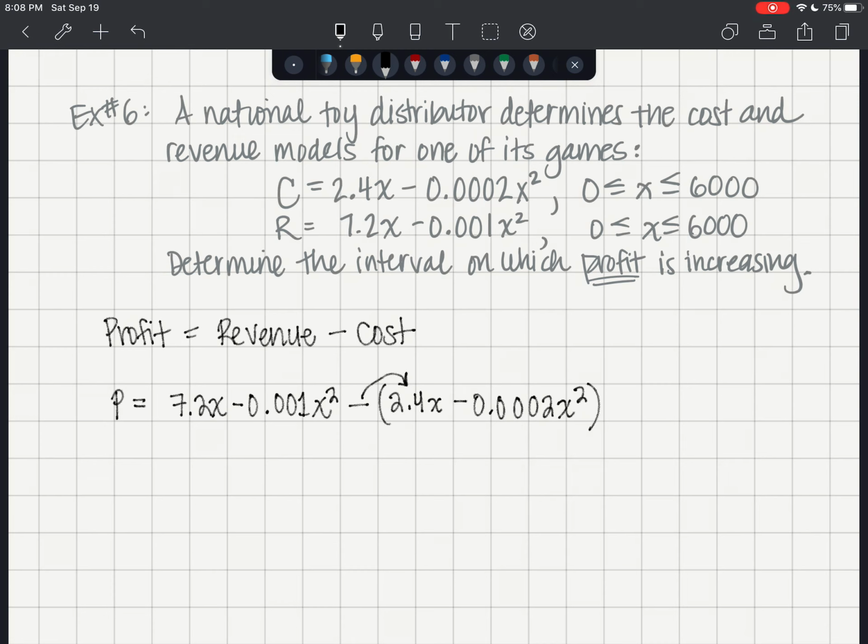7.2x minus 2.4x is going to give us 4.8x.